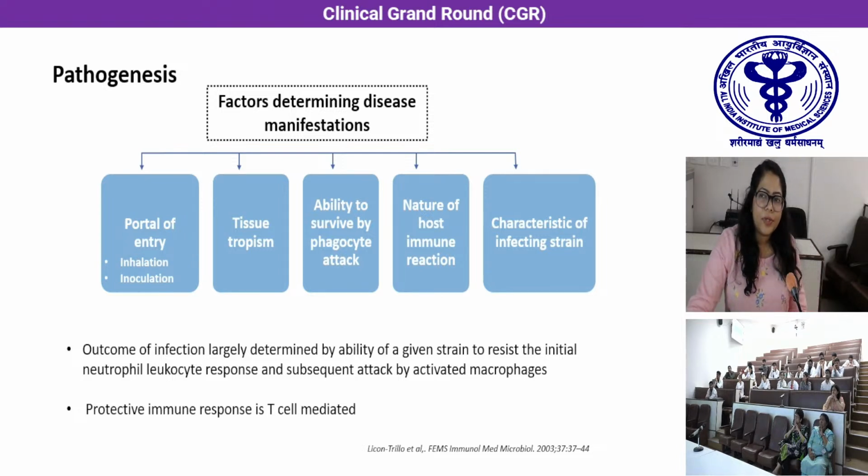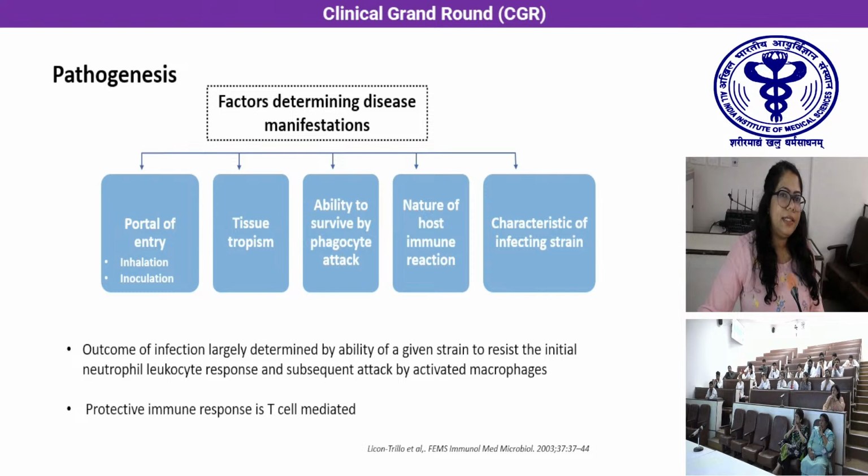The protective immune responses are majorly T cell mediated. The outcome of infection will depend upon the ability of the strain to inhibit the neutrophil response and also the subsequent attack by activated macrophages. Also, the characteristic of the infecting strain is a major factor, because there are certain more virulent strains such as Nocardia farcinica, which are also very difficult to treat.